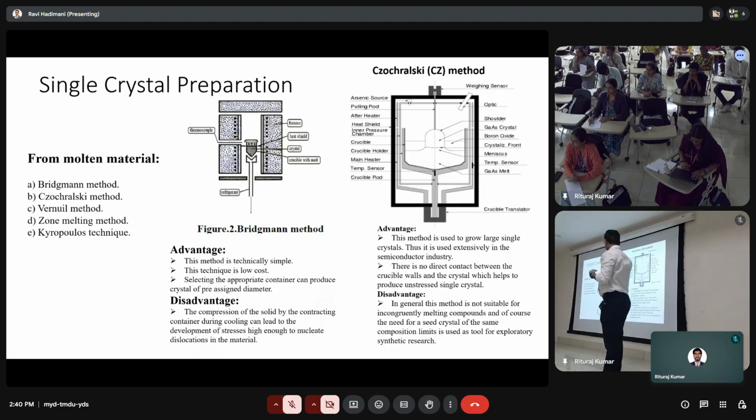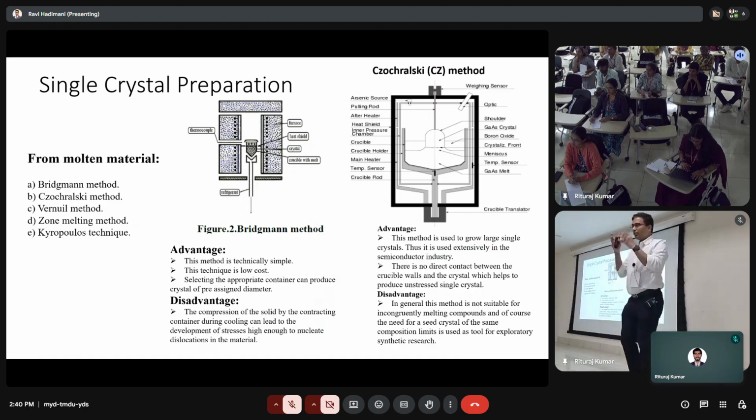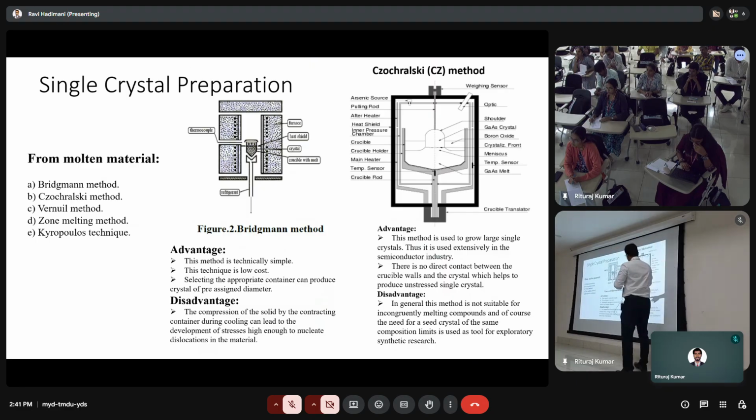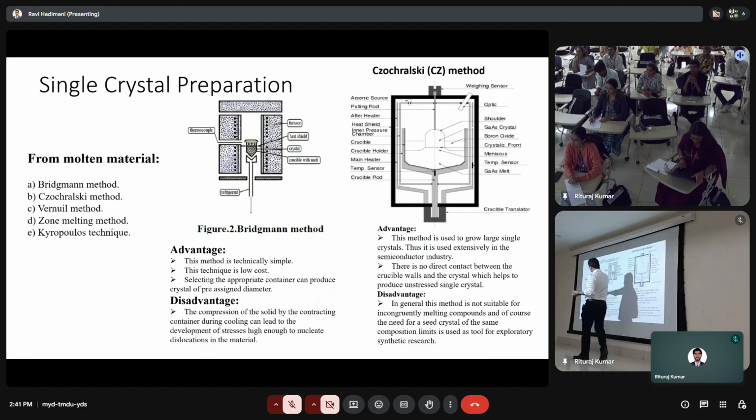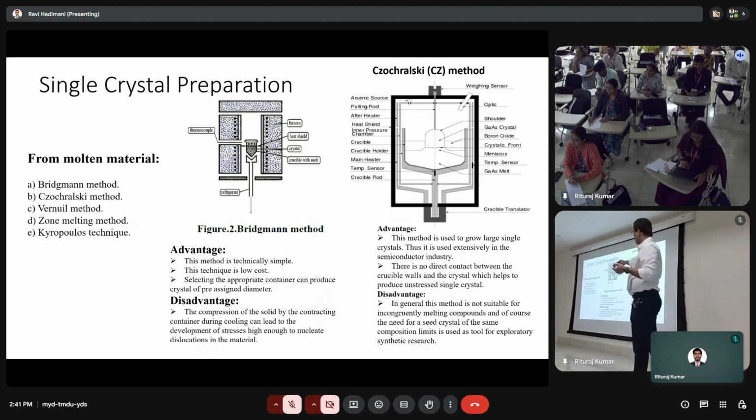Some have different mechanisms to pull. But the basic idea is take a molten material, use a seed, and make the material grow using that seed. Okay, so you get a single crystal sample, and each of them has certain limits. Bridgman won't give you bigger than 10 centimeters, again, it depends on which material you are growing.